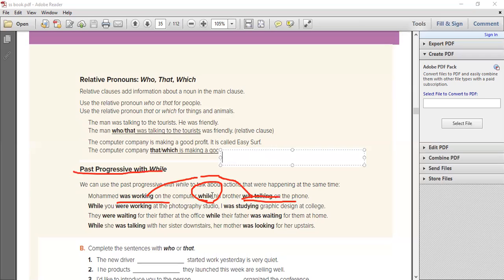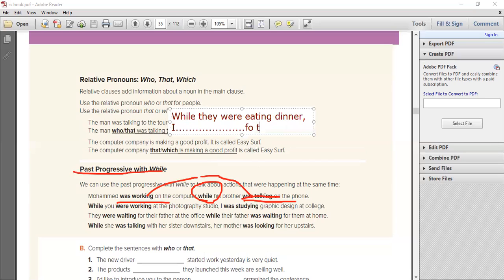Yes, because I have while. So while is your keyword.